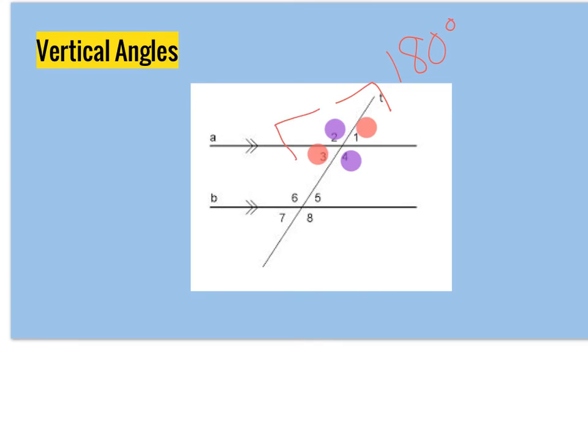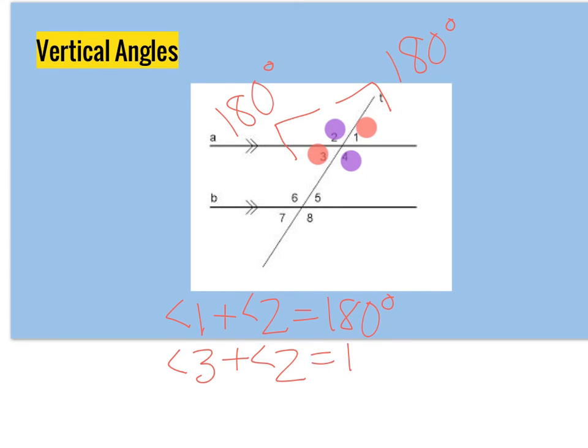But I also get 180 degrees when I add 2 and 3 together. So let's think about that logically. If angle 1 plus angle 2 equals 180 degrees, and angle 3 and angle 2 also equal 180 degrees, that means angle 1 and angle 3 must be the same amount. They are congruent. They are equal. So vertical angles are equal to one another. In this case, 1 equals 3 and 2 equals 4.